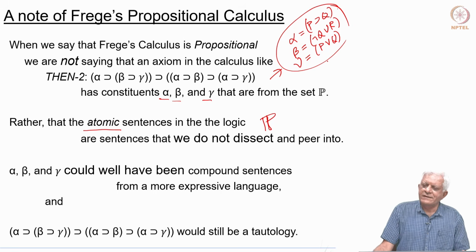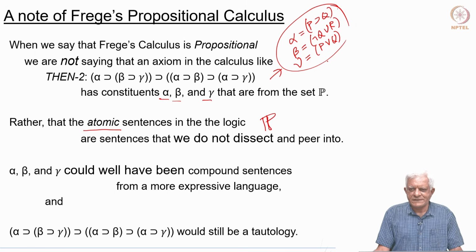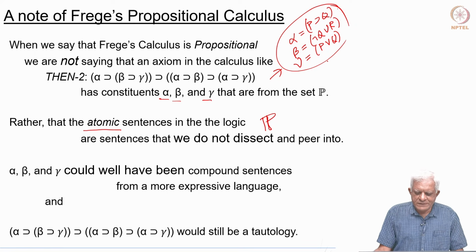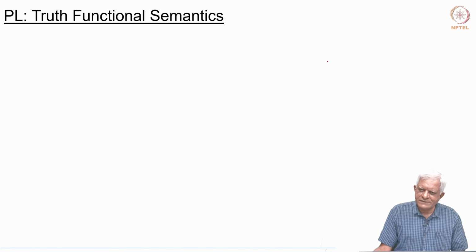So, we have defined the language of propositional calculus, we have defined the syntax, and we have seen how to form the set of well formed sentences. Next we will talk about semantics.